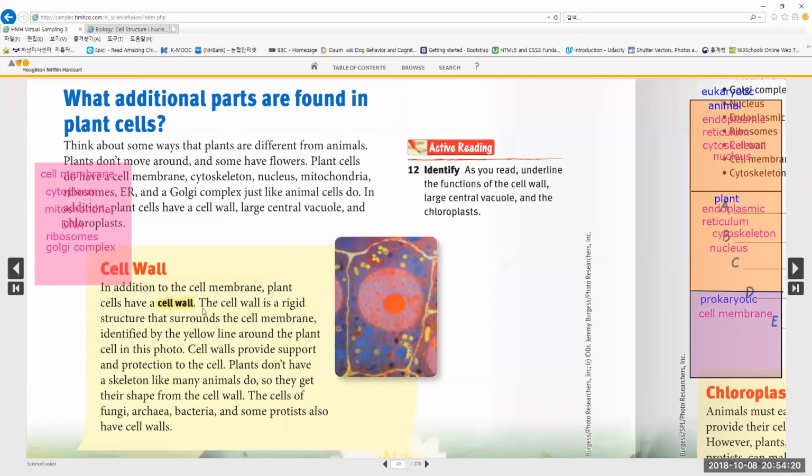Cell walls provide support and protection to the cell. Plants do not have a skeleton like many animals do, so they get their shape from the cell wall. The cells of fungi, archaea, bacteria, and some protists also have cell walls.